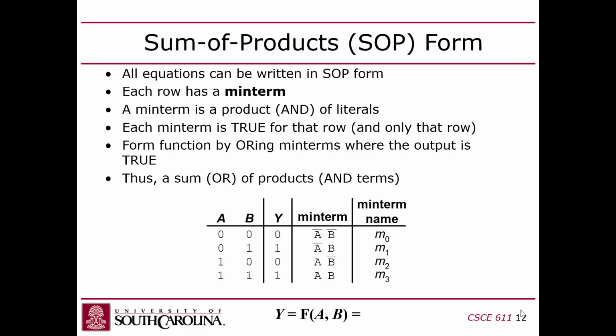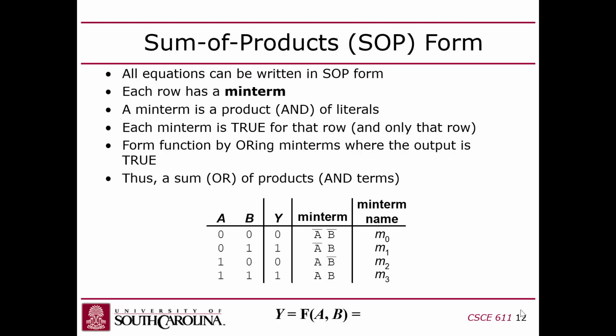Technically, you just need the implicates, but in this case, if you have a truth table and your goal is to represent it as a Boolean expression, then you can go through the truth table and find each row where you have a true output, and you can convert that to a min-term. You construct a min-term for each row by having a complemented variable corresponding to each of the zeros in that row, and a non-complemented variable corresponding to each of the ones, right?